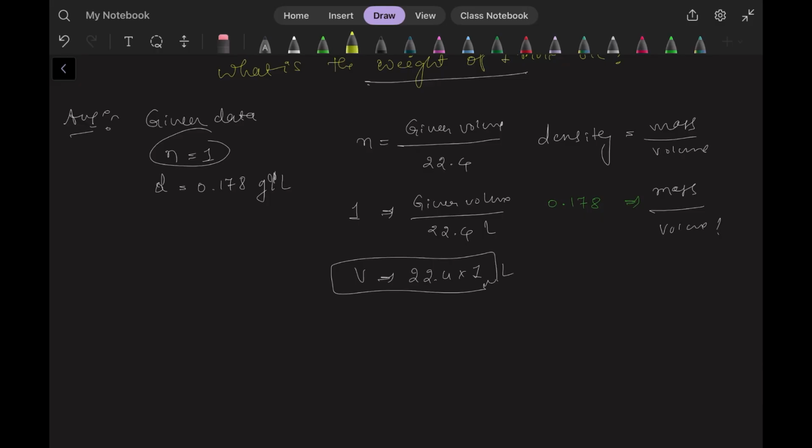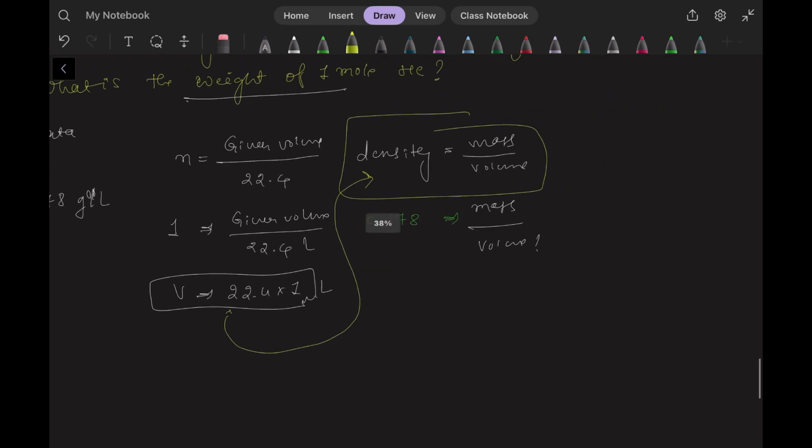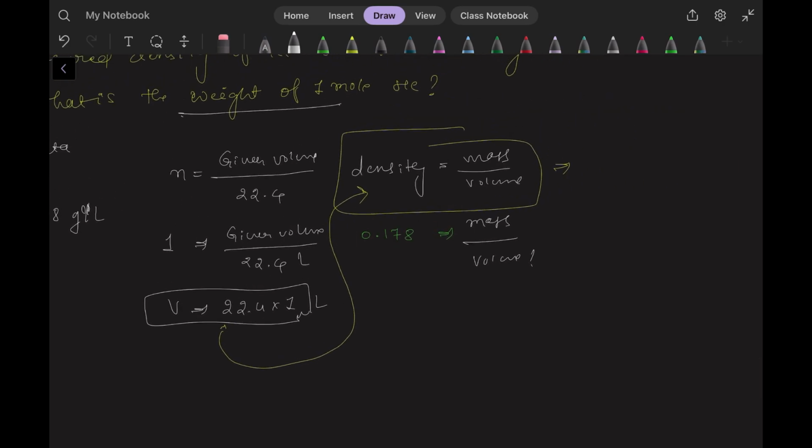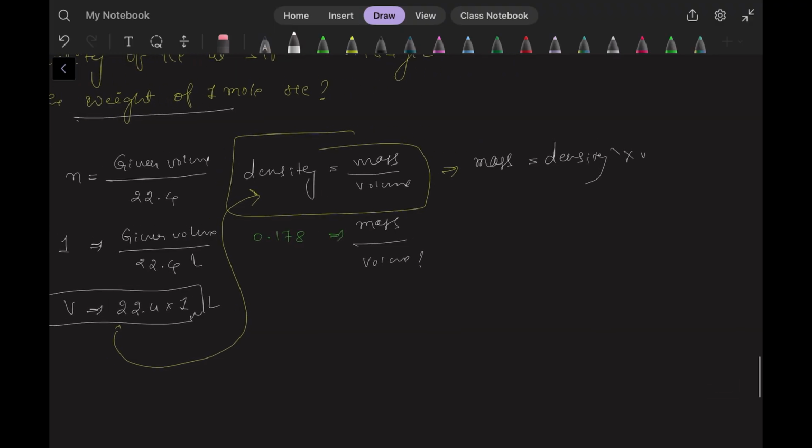Now whatever volume you got, put in the density formula. Density is equal to mass by volume. Mass also we don't know, we have to find that. So keep mass on one side, and density and volume are going to be multiplied.